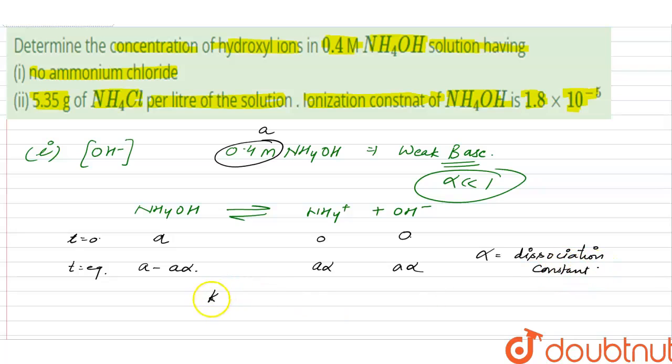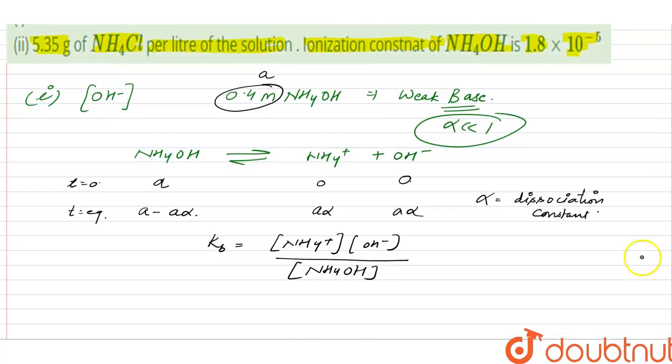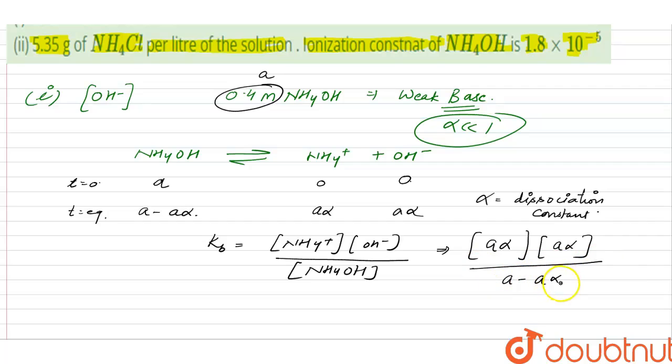Now in this case, equilibrium constant equals the concentration of products, that is NH4 positive times OH negative, upon concentration of reactant, that is NH4OH. This is our Kb. The concentration of NH4 positive is A alpha, concentration of OH minus is A alpha, and concentration of NH4OH is A minus A alpha.